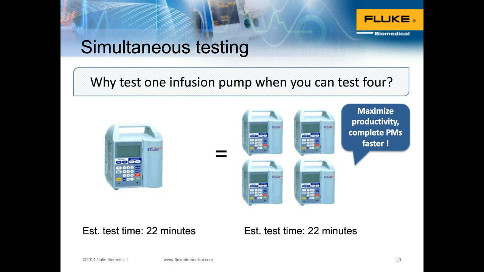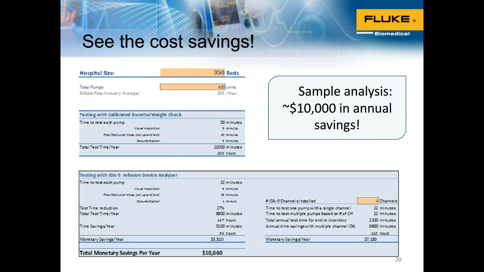And finally, it doesn't stop with the efficiency savings or the time savings. When you actually look at the cost savings, they're phenomenal. There is a model here, and you can also find one on our website that'll show you exactly how much money you can save depending upon the number of beds that you have in your hospital and the number of infusion pumps that you are servicing per year.